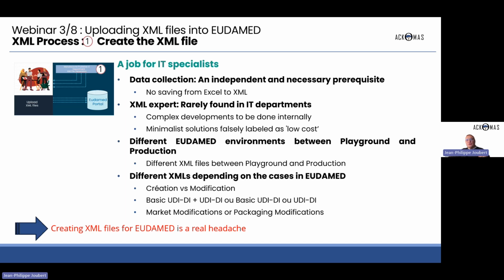So it's difficult to know the specification to consider for the XML file format model. So keep in mind that the XML file formats expected in the production environment and those expected in the playground environment are not the same. So imagine you potentially already have two different formats.